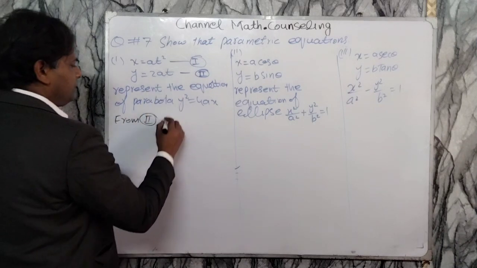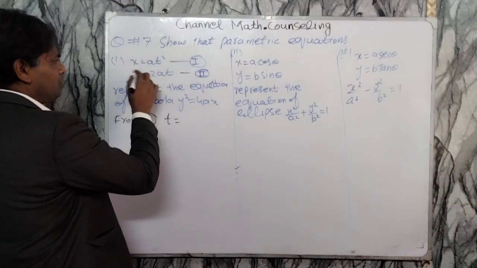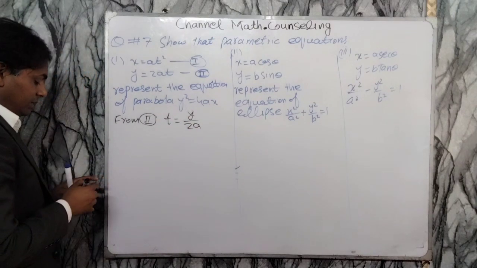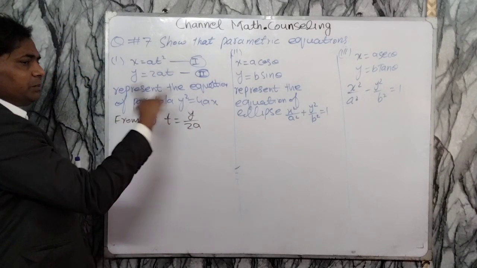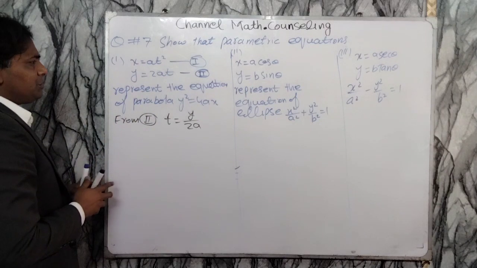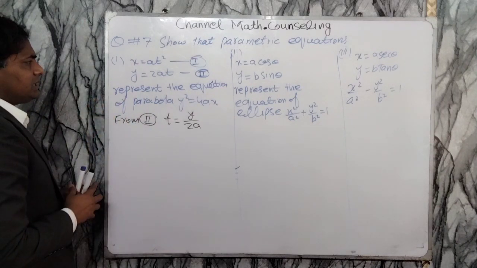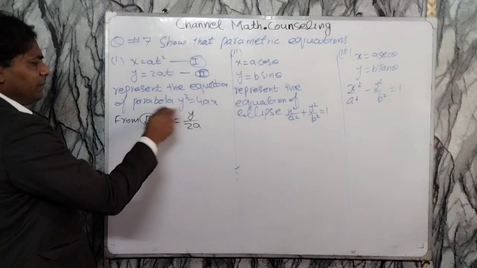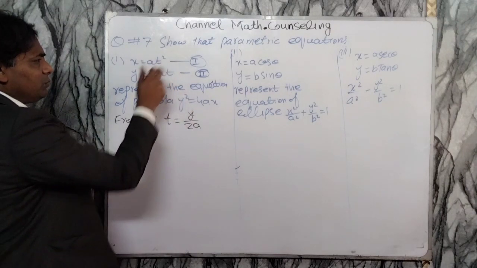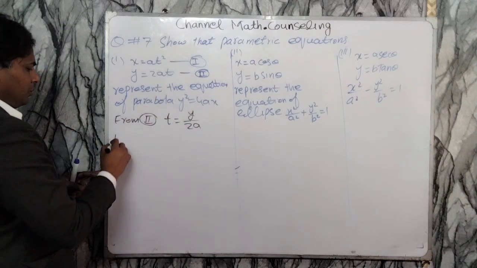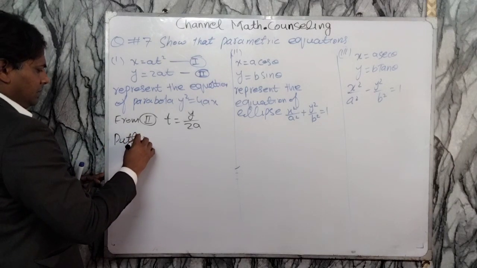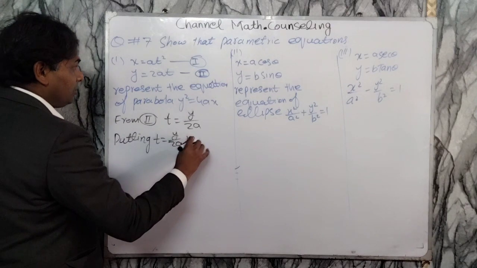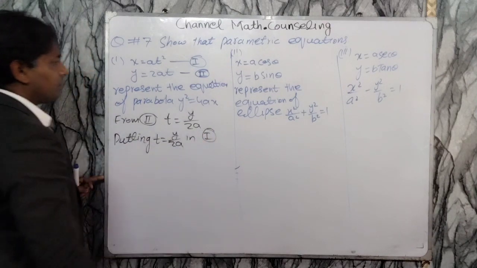So I write here, from equation number 2, we will have t equal to y divided by 2a, because here 2a is multiplied by t. If we shift 2a to the left hand side, then it will divide y. Now I am going to put this value in equation number 1, putting t equal to y divided by 2a in equation number 1.